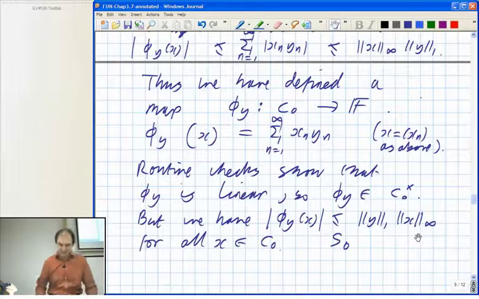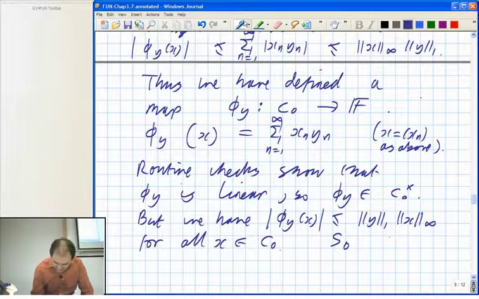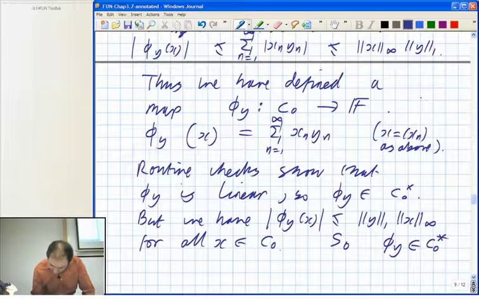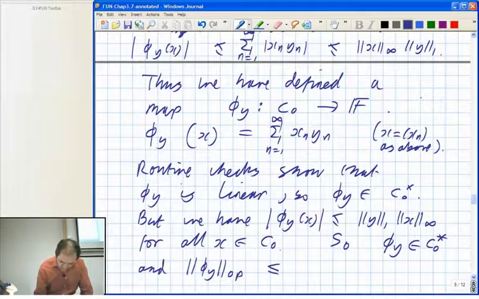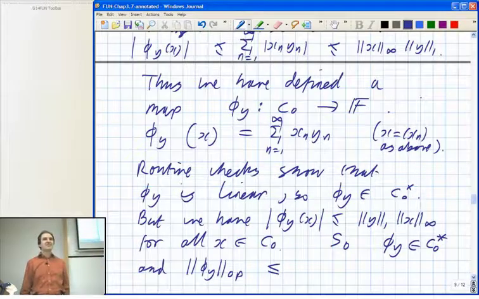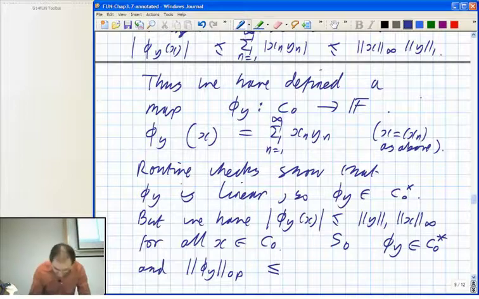It is bounded. So phi y is bounded. So I can say phi y is in C0 star. And then you've got an estimate on the operator norm, which is what? The one norm of y, yeah, that's right.